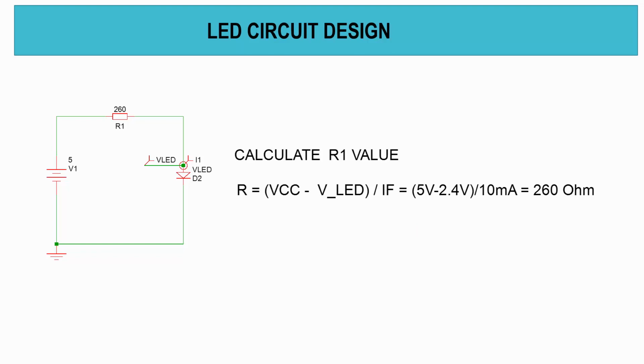So to define the resistance value, we take the 5V and subtract the LED voltage, which is 2.4V. And the total differential voltage will be divided by 10 mA. So the result is 260 ohm for this resistor.